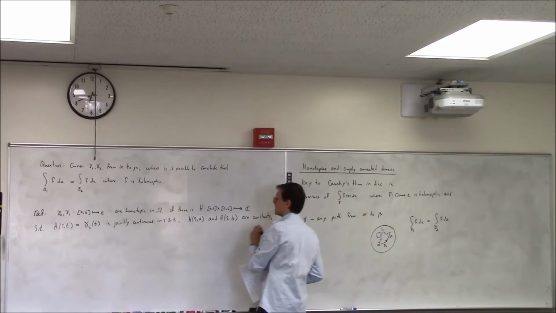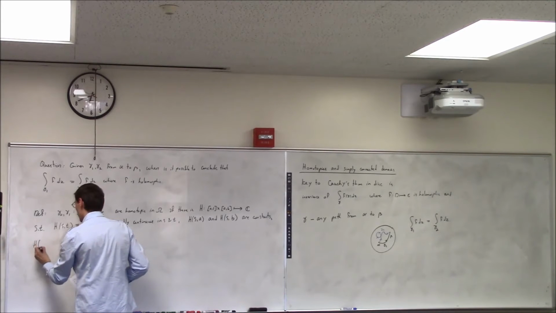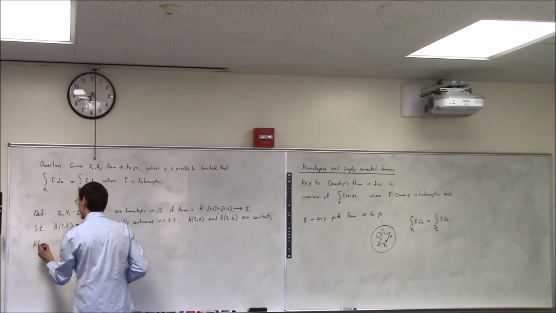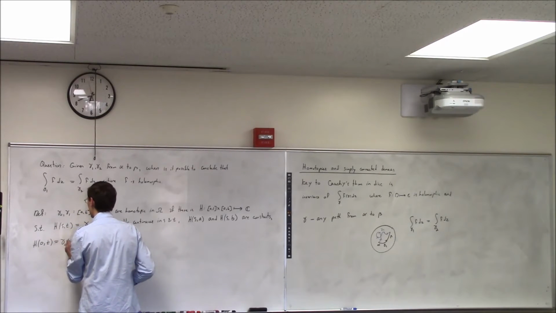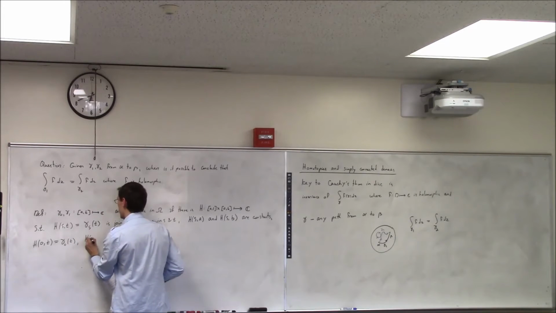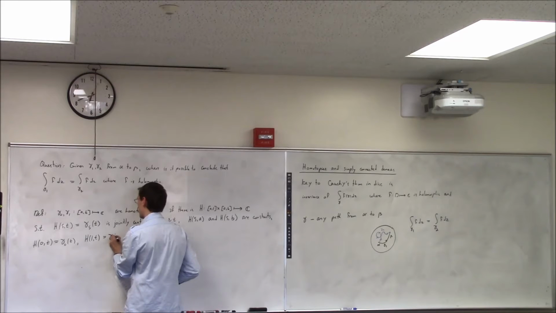And of course, again, writing this is really annoying, h(0, t) is just equal to gamma 0 of t, and h(1, t) is equal to gamma 1 of t.